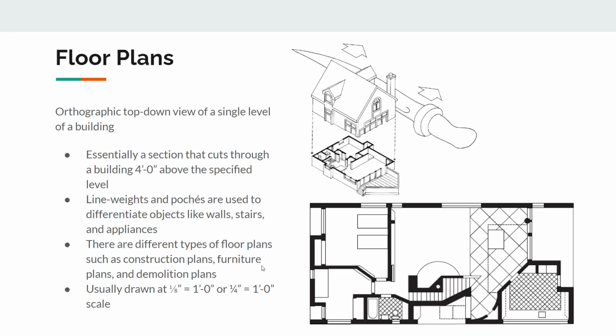Next, we have furniture plans. And furniture plans are just like a construction plan, except they don't have the dimensions and they have all the furniture layouts included. And then after that, we have demolition plans. A demolition plan is basically a plan that shows existing conditions of a building.